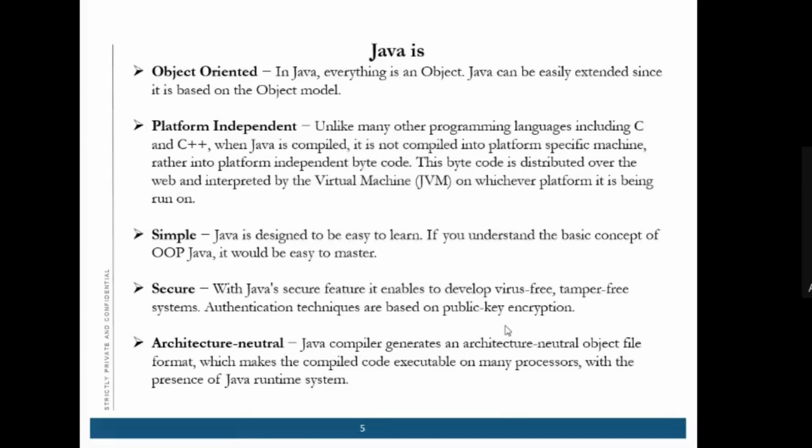So what is Java? Java is object-oriented programming. In Java, everything is an object and it is based on the object model. We will learn more about objects in detail, but these are the main features which you should know about Java. Java is platform independent.